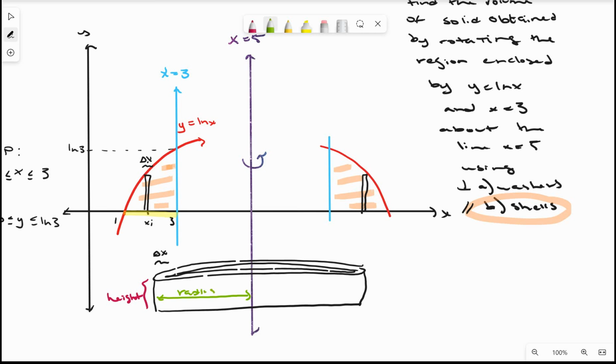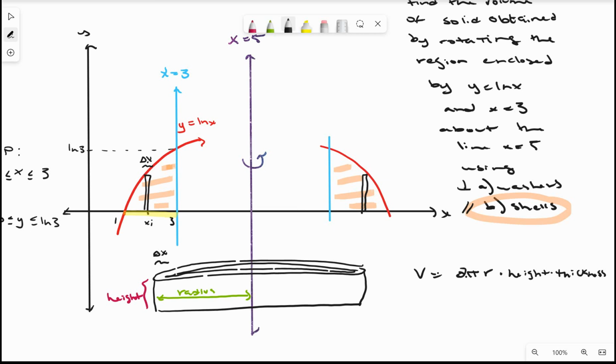We know that the volume of a cylindrical shell is equal to 2 pi times the radius, which is the circumference, times the height, times the thickness. And the thickness is always delta y or dy or delta x or dx.